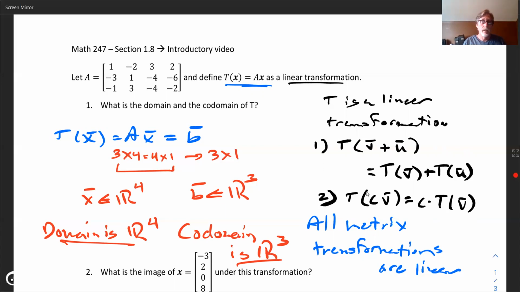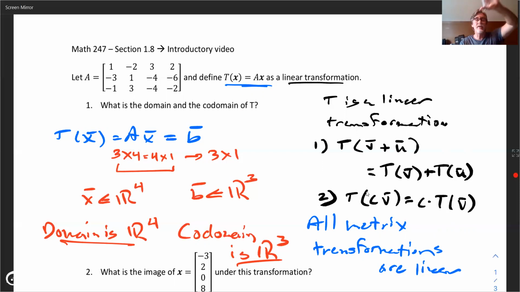By the way, the word range is used only for what we call the image of A, the product of A with all the vectors. What's the span of the columns of A? That's a good way to say it. The span of the columns of A is called the range.